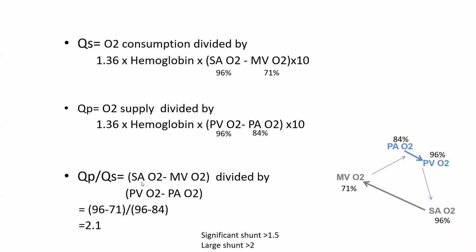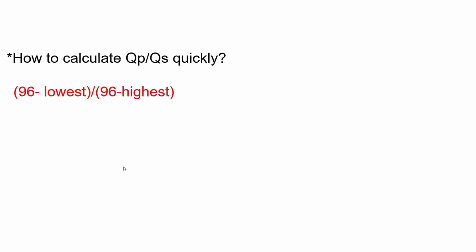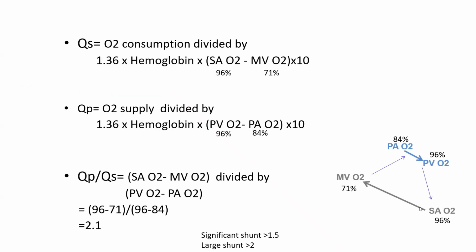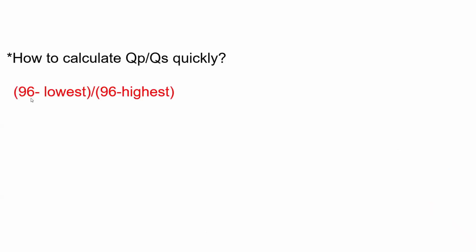But there is a quick way of calculating it in your brain. Anytime you see significant step up, you can calculate the QP-QS in your brain. Since overwhelmingly PvO2 is equal to SaO2, the calculation is frequently, you take that arterial sat, which let's say is 96% in a particular patient.